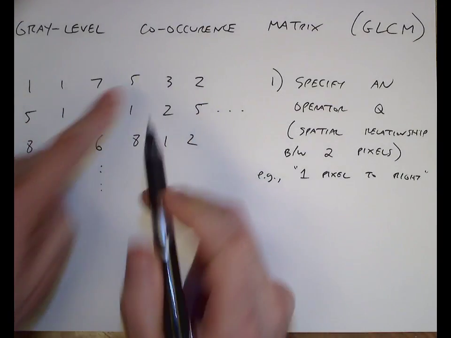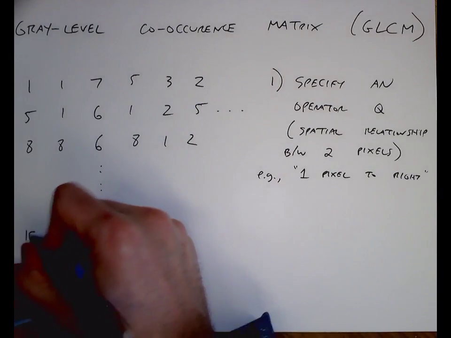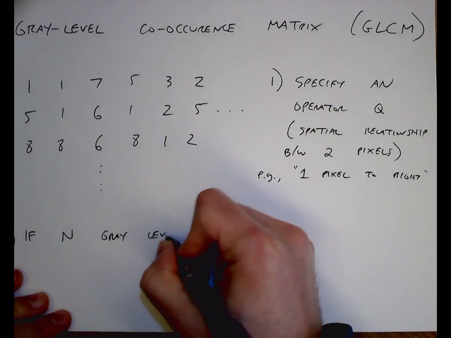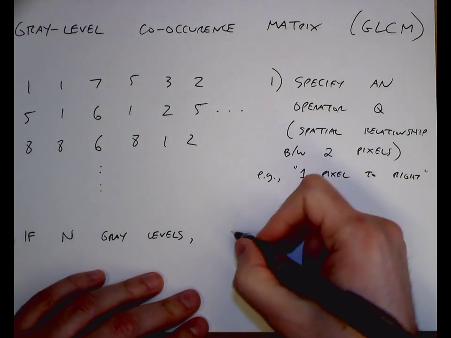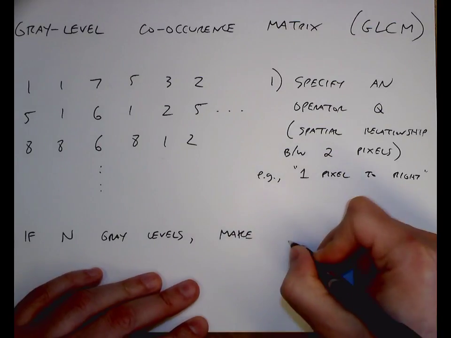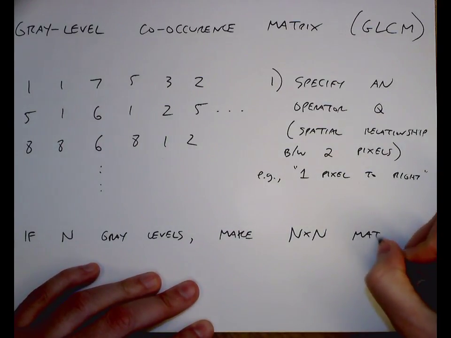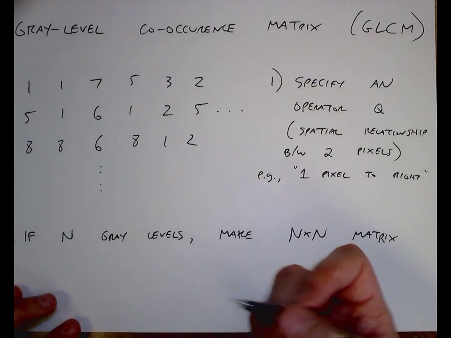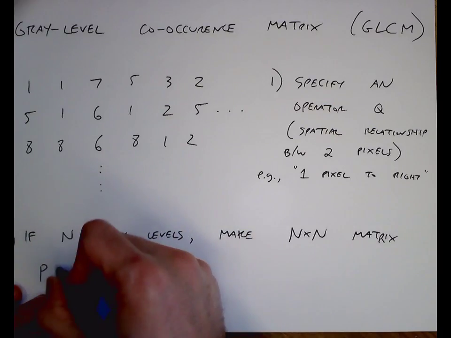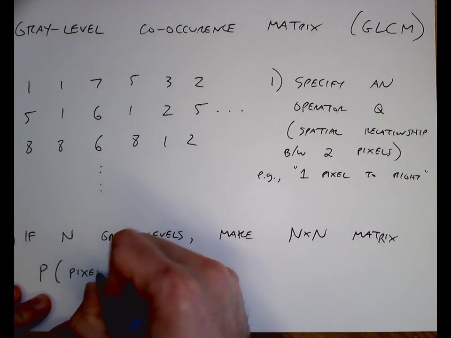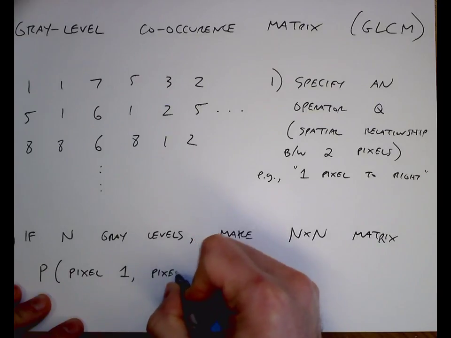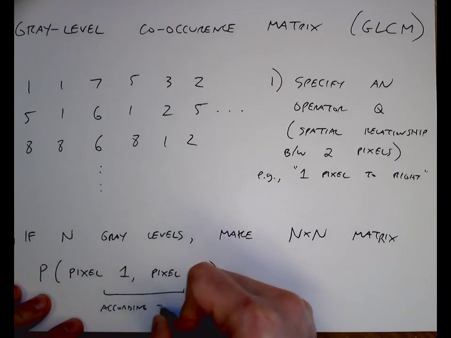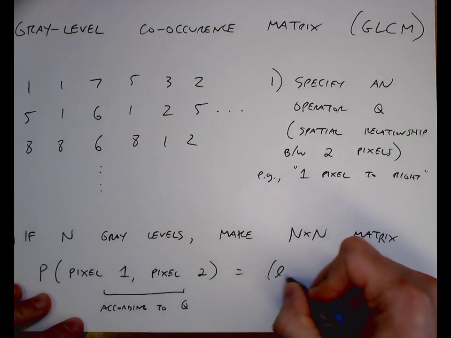Okay, so if there are n gray levels in the image, then I'm going to make an n by n matrix that basically says the probability that pixel 1 and pixel 2, according to whatever operator I chose, according to Q, have that pair of intensities, right?